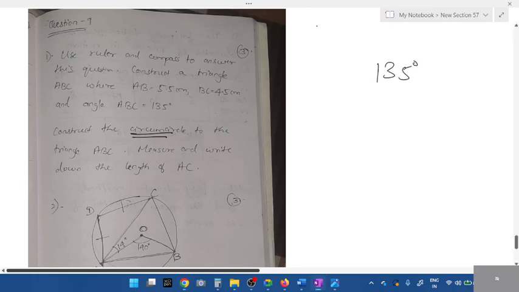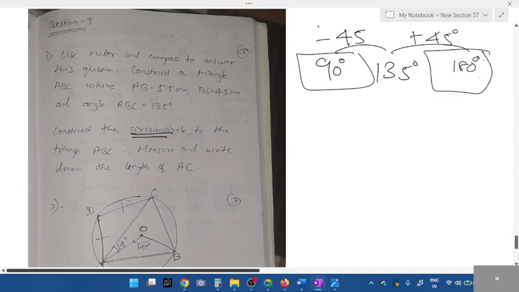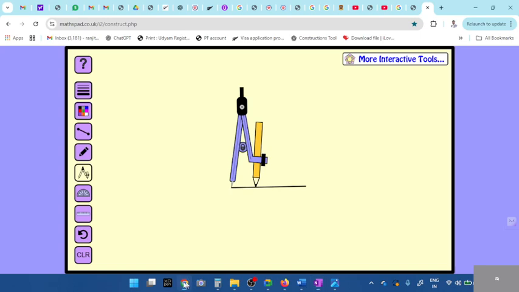For reference, I told you all to take, just memorize this, 90. The difference between 90 and 135 is 45. So if you add 135 plus 45, you get 180 degrees. So the two angles required for 135 are 90 and 180. I'll start the construction with 90 and 180.